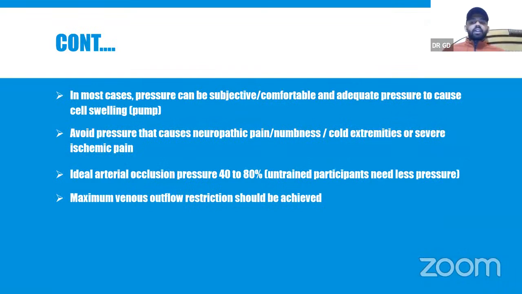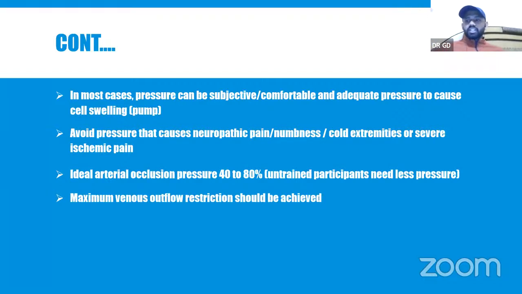Very important, whenever you apply the pressure, try to avoid neuropathic pain. If you occlude the blood vessels strongly, it causes hypoxia, and hypoxia causes a lot of pain in the extremity. Many of us would have experienced this when assessing blood pressure.